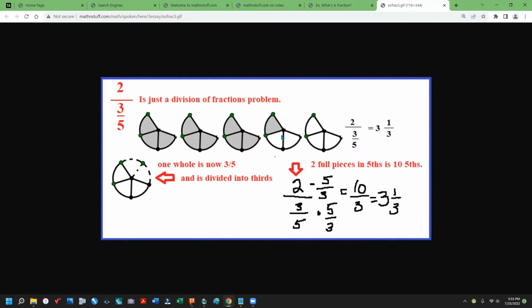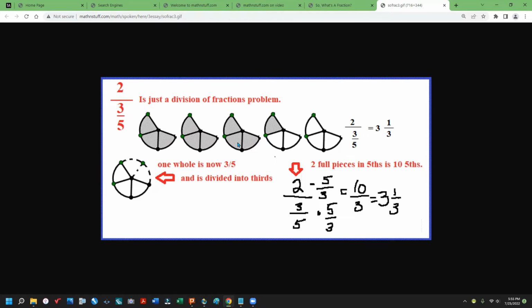So in each of these pictures, one whole is 3/5. So I just wrote a bunch of them. Now we need to write 2. 2 in terms of fifths, 2 is 10/5.